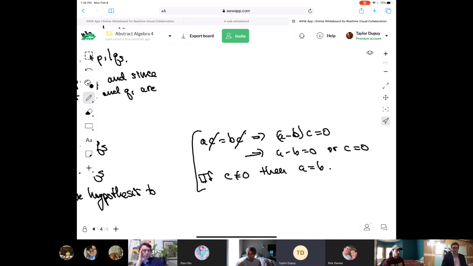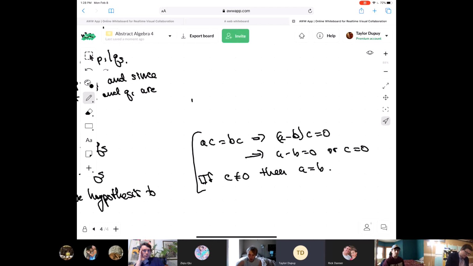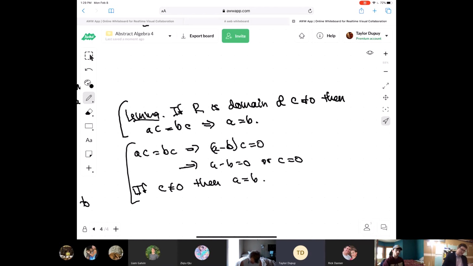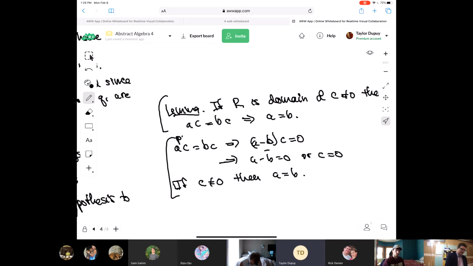You're allowed to cancel non-zero elements in domains, not UFDs. So the lemma is that if R is a domain and C is not equal to 0, then AC is equal to BC implies that A is equal to B. So this is the proof of this.